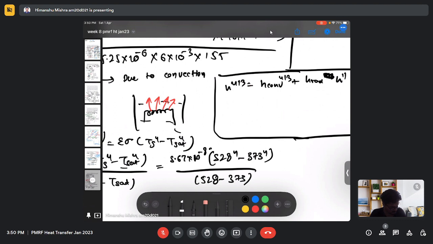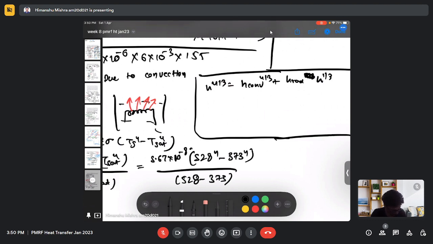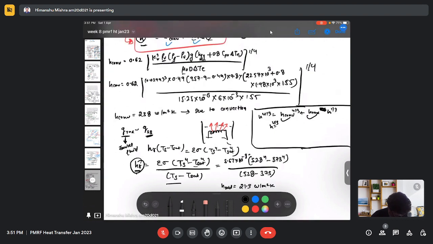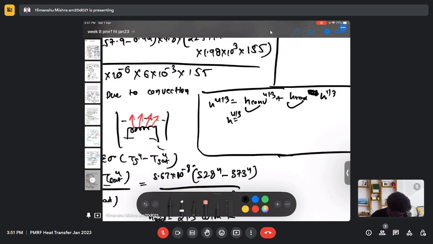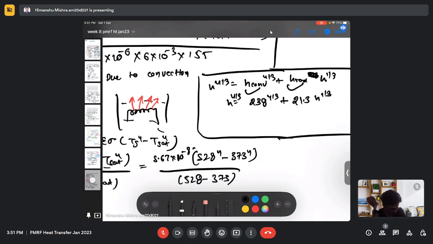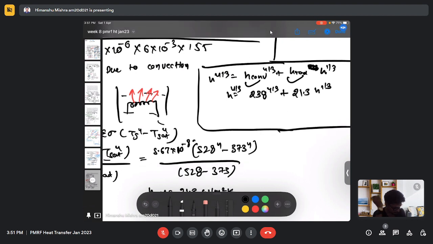Sorry, 1 by 3. We already know this and this, so we put the values here. My convection heat transfer coefficient is 238, to the power 4 by 3. My radiation is 21.3. Now we can use the trial and error method. We can multiply both sides with h cube.